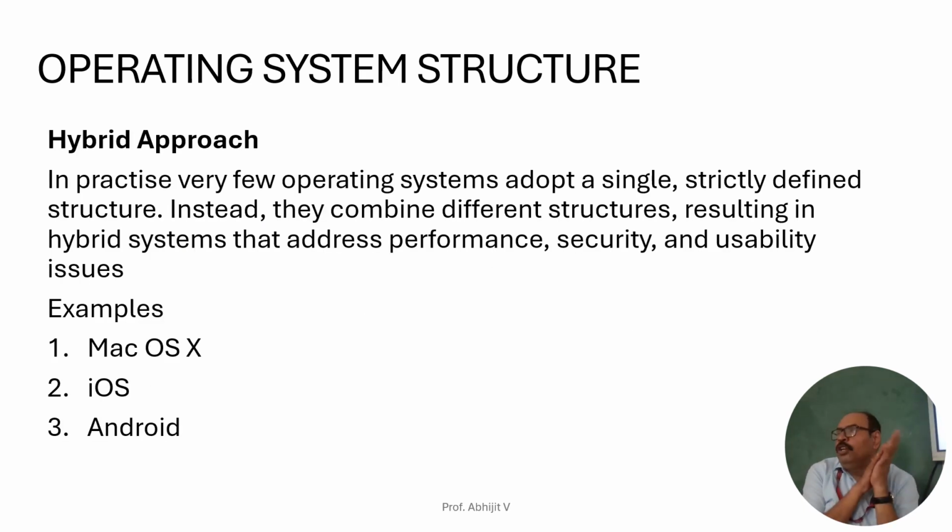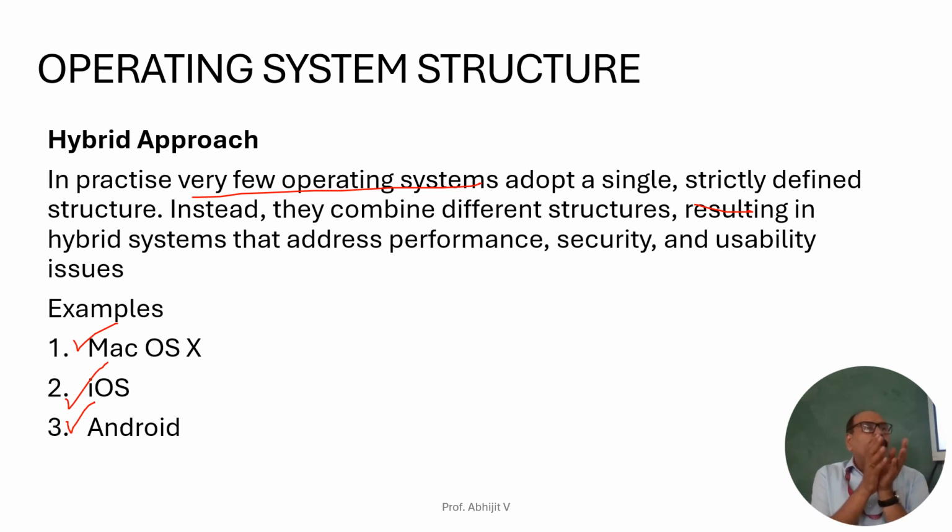Another approach is called the hybrid approach. Hybrid means you have all these things included. It could be a modular approach and all these things. Examples of this hybrid approach are Mac OS, iOS, and Android.